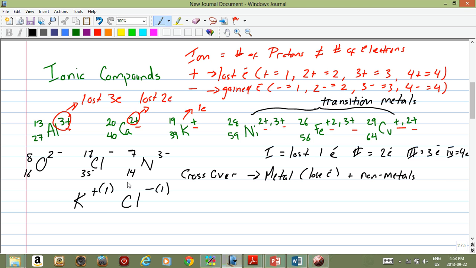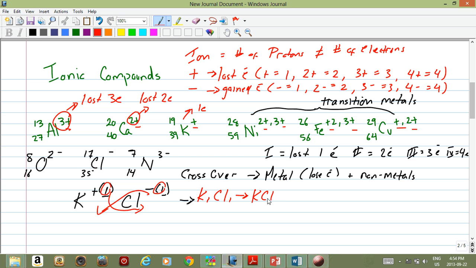So the crossover rule uses the charge and the number to predict the formula. All you do is you take the number and you put it to the other side. So this would be K1Cl1, but you don't write the ones. So this ends up being just simply KCl.